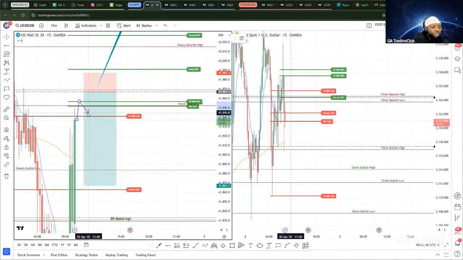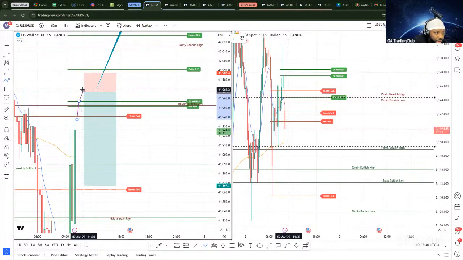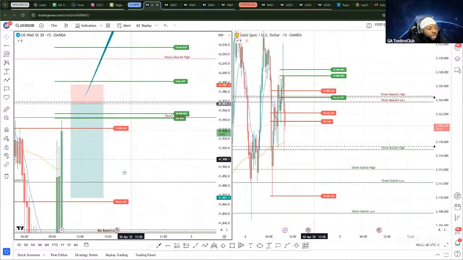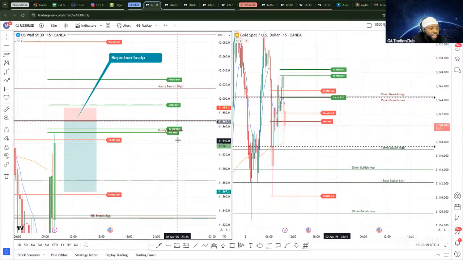So we don't want price coming down like 10, 15, or 20 points from this zone. I want to take the rejection. I want price to blow through this area, and even better, if we can get a big spike that taps all these four rejection areas first, that would be even better. But we want to observe what price does when it gets to these rejection levels.